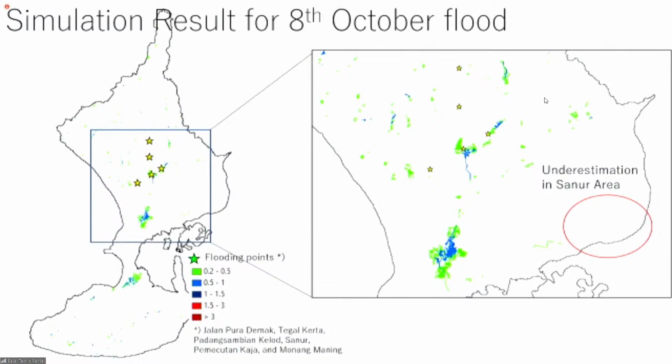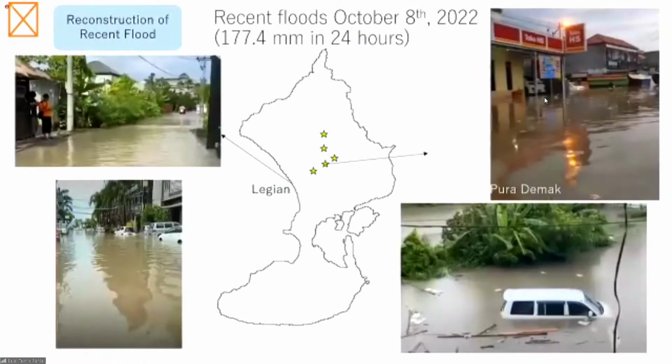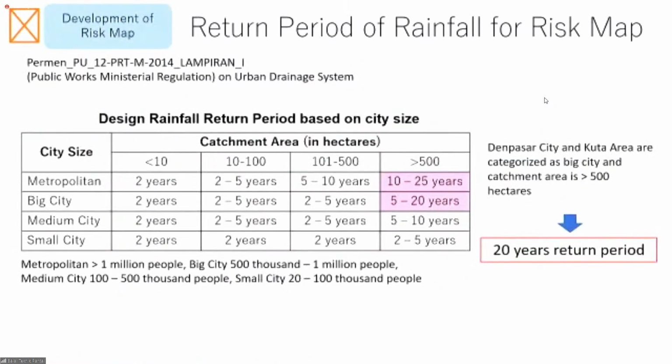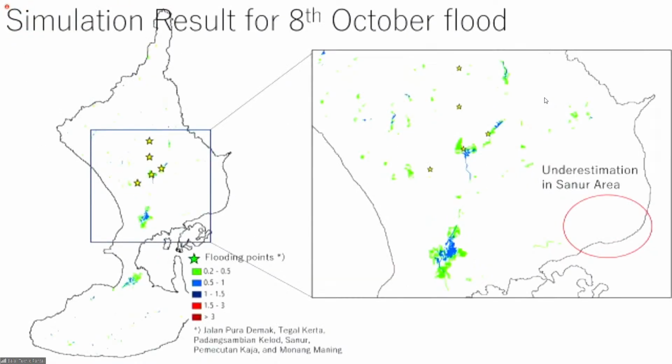And we found there is underestimation by the simulated model, because there are 5 stars around here where inundation was reported by the public, but the model cannot capture some areas. Additionally, underestimation was also found in the Sanur area because there was no flooding in the model. So we have to update the model to capture these.